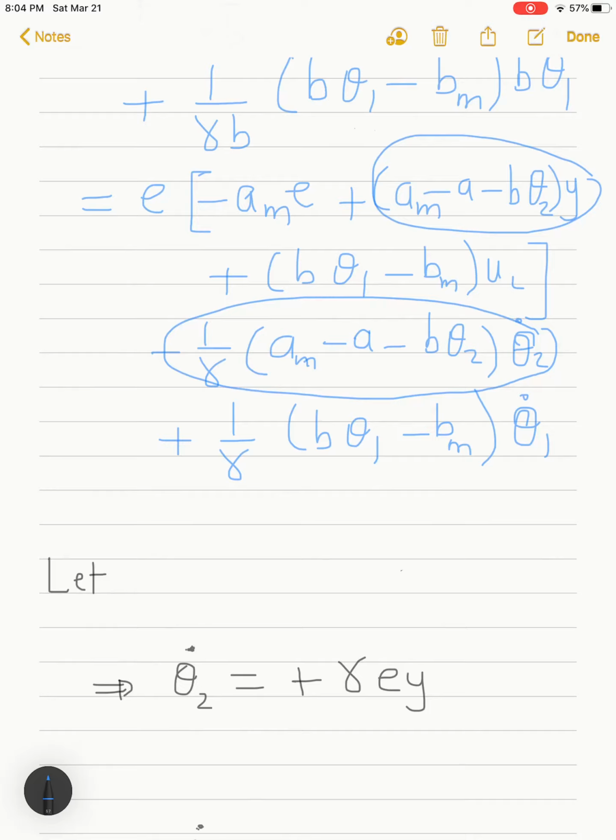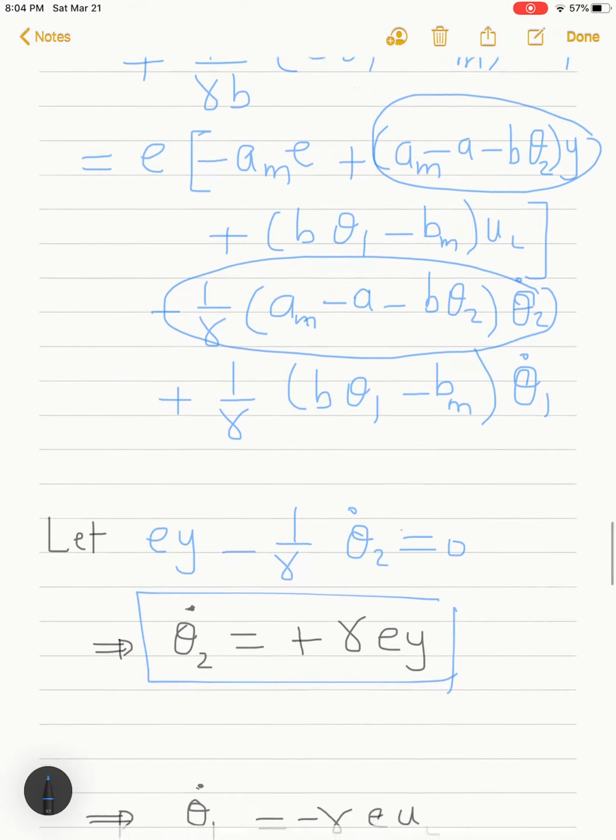So that will give me e y minus 1 over gamma theta 2 dot equal to 0, and consequently I conclude that theta 2 dot would be just gamma times e y. This will be the first adaptation law.